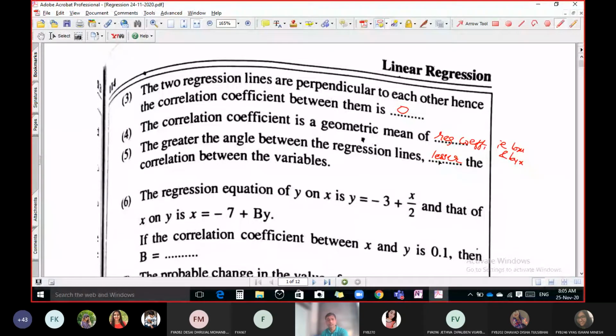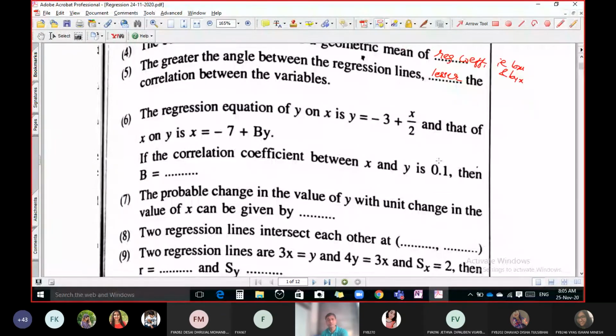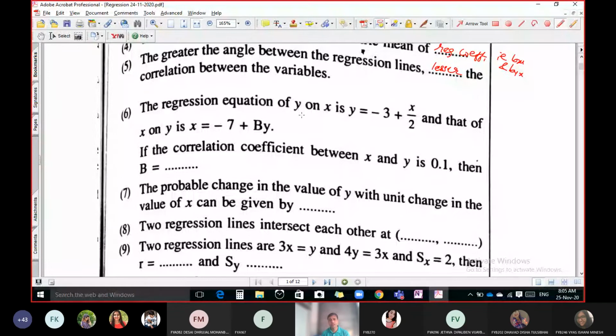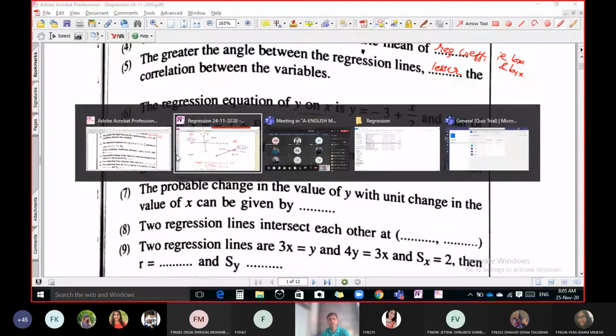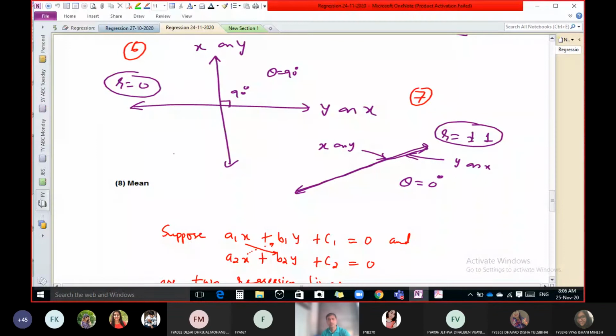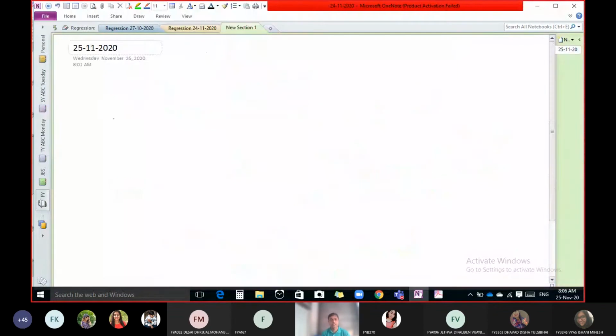See question number 6. The regression equation of y on x is given and that of x on y is given. If the correlation coefficient between x and y is 0.1, then what is the value of b? Once again, let us discuss question number 6.